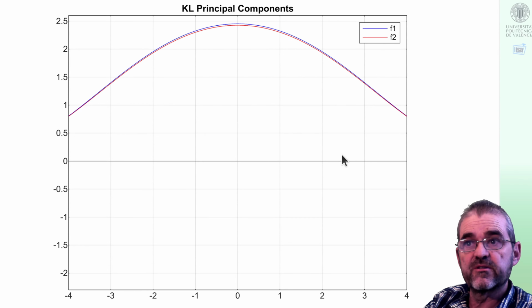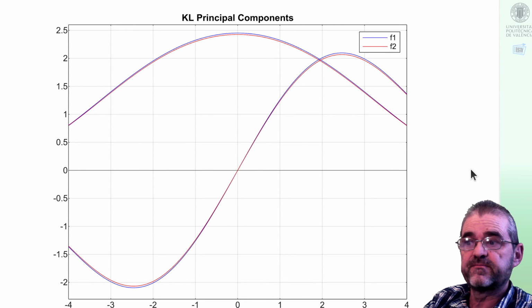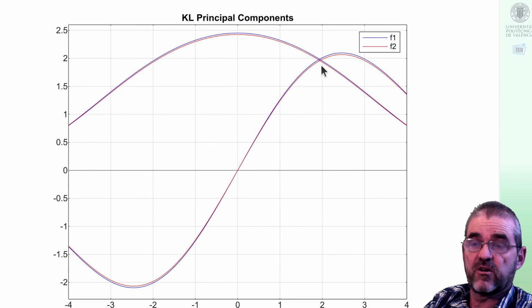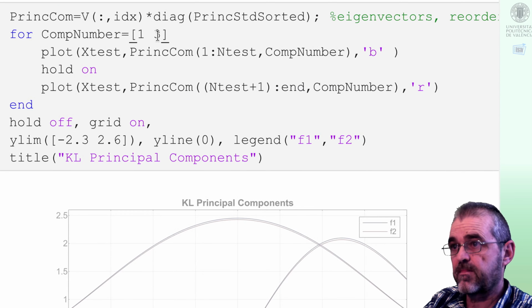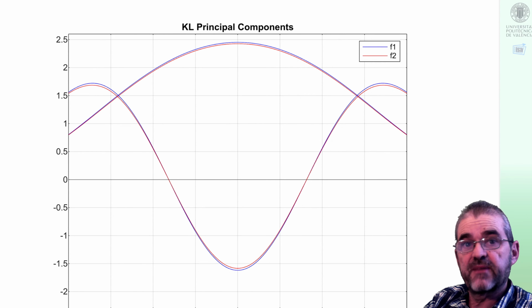If we now see component 2 superimposed to component 1, it also has a large amplitude, just a little bit less, 2.40 something, 2.1, and somehow it has double the frequency, sort of. If I now plot the third one, here we have it, a higher frequency harmonic, but still red and blue are practically copies of one another, so it's the variability due to the common component.